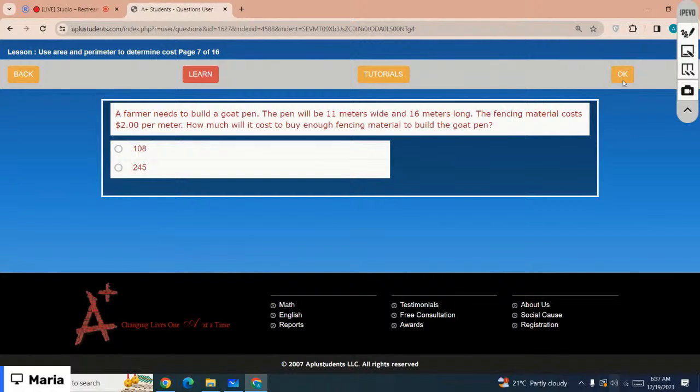So, which is the correct option? Very good. The correct option is $108, right? The total cost of the fencing is $108.